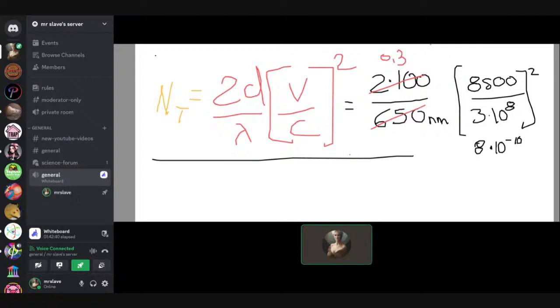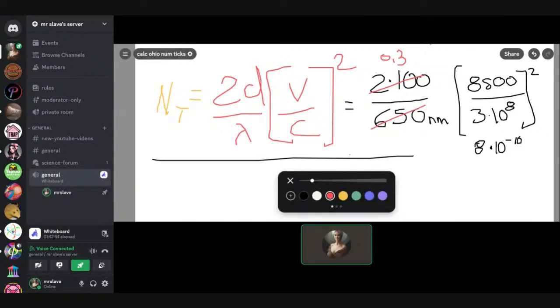No, we need to divide. It's 0.375. It's not even 1. Okay. So 100 meters flat wouldn't give you even a single wavelength.